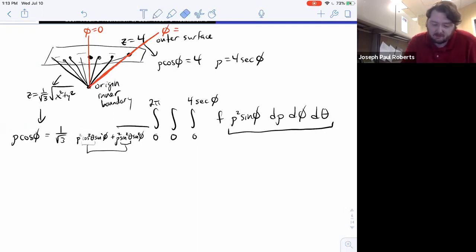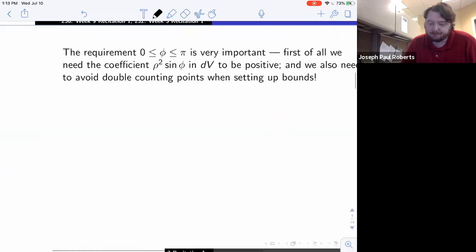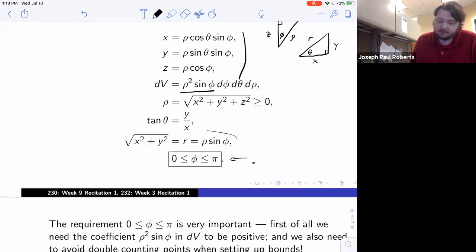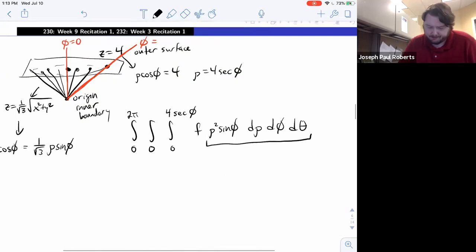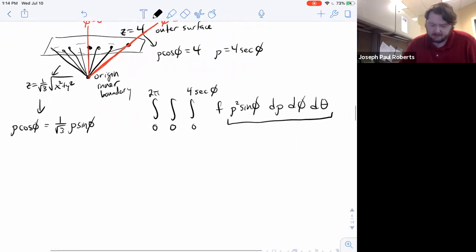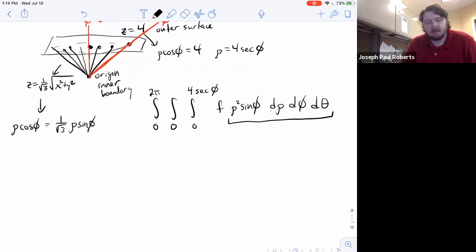And based on our restriction for phi between 0 and pi, you get the absolute value of rho sine phi, which is just rho sine phi. So anyway, I think it's good to memorize this, but you could always figure it out from up here using the Pythagorean theorem. So that's our cone equation in spherical.